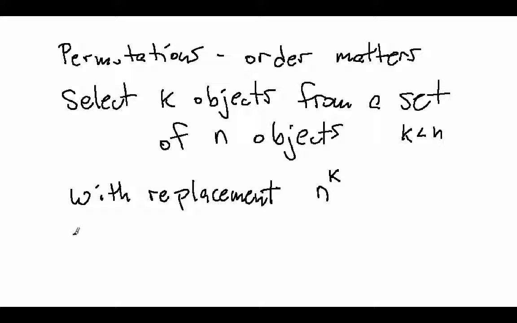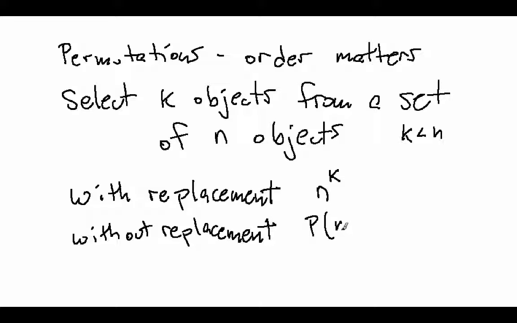And if it's without replacement, then this is what we're calling permutation of n comma k. And we said that that's equal to n factorial over n minus k factorial.